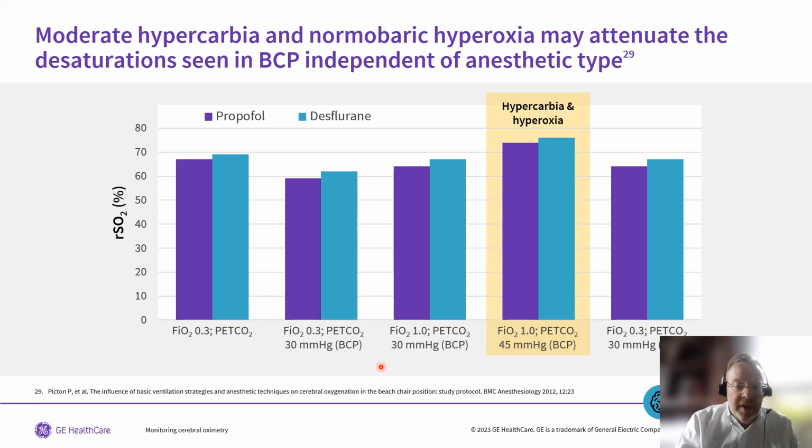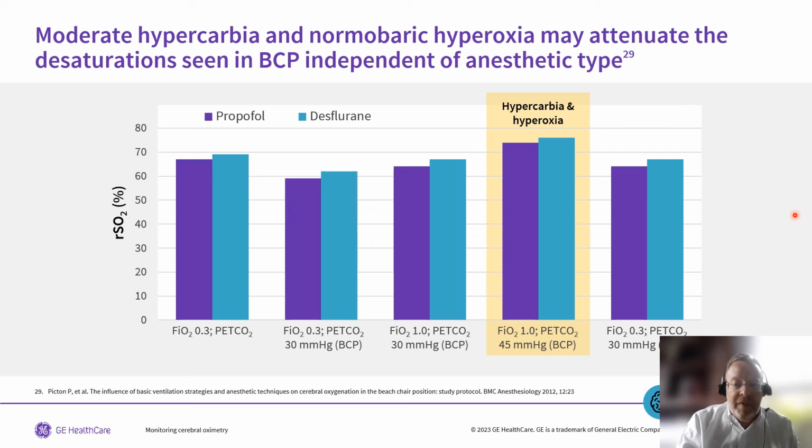Then the investigators increased the fraction of inspired oxygen up to 100% but left ventilation alone, and you can see that this somewhat attenuated the decline in cerebral desaturation. Then they not only increased the fraction of inspired oxygen to 100%, but also allowed the end-tidal CO2 to go up to 45 millimeters of mercury. So this hypercarbia and hyperoxia completely attenuated the decline in cerebral oxygen.